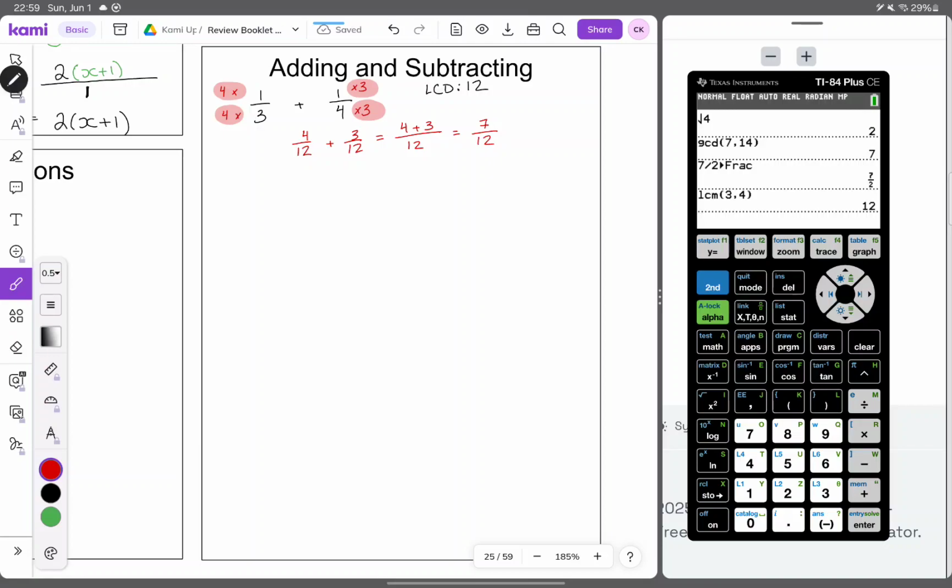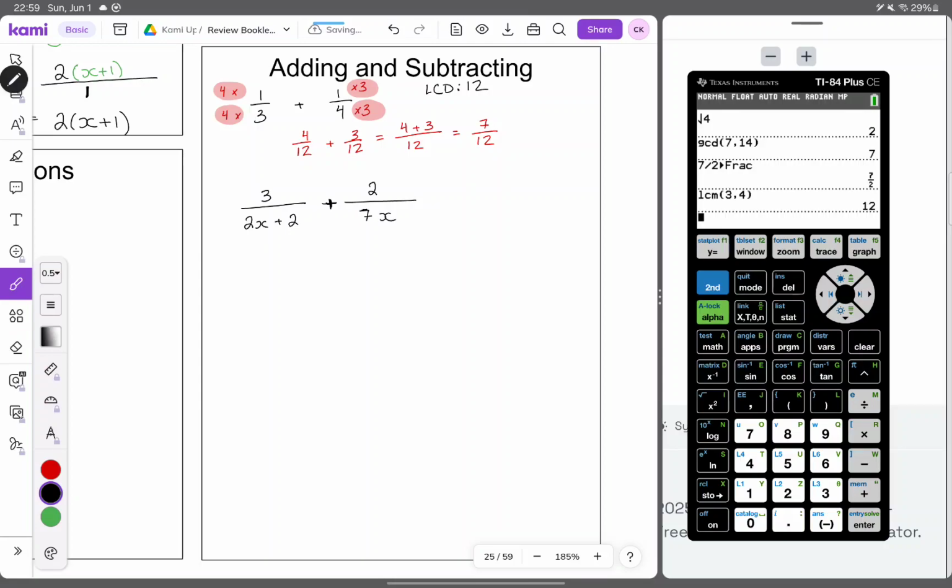This is the exact same idea when we are adding and subtracting rational expressions. All right, so let's say I have the rational expression 2 over x plus 2, and I'm going to add this to let's say 7 over x.